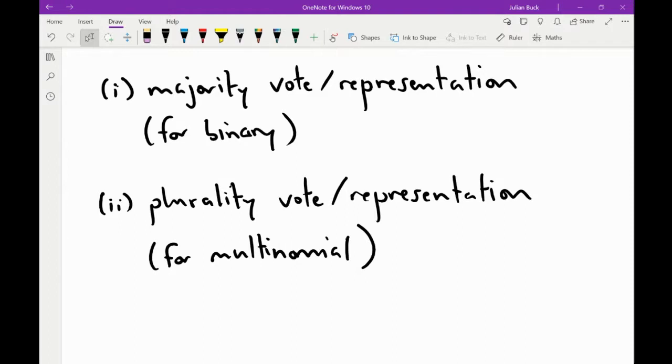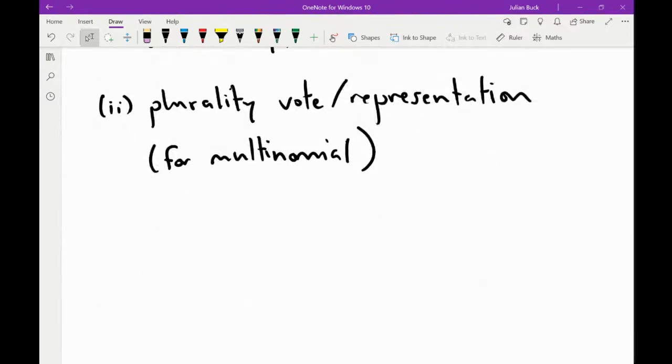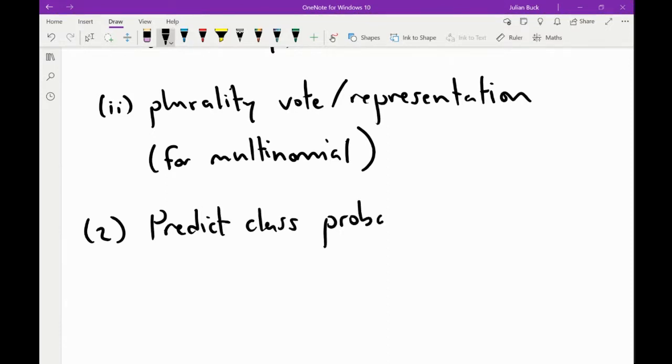But then the other thing we can do is make probabilistic predictions. So we said predict classes, and the second possibility is predict class probabilities. This gives a more subtle type of prediction and one that is perhaps a little more flexible.